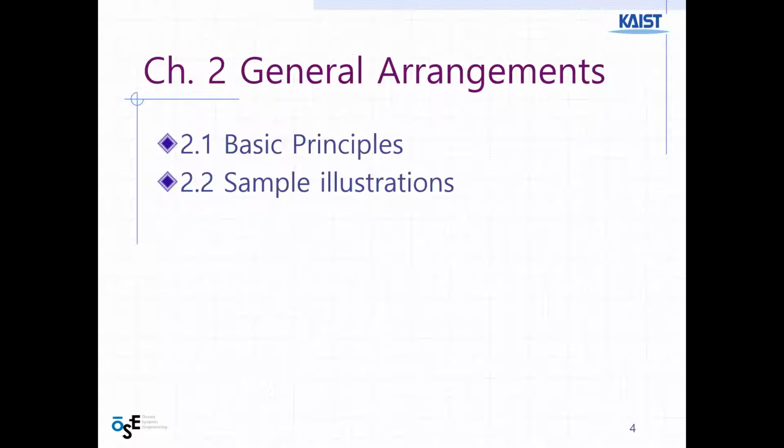But also there is a staircase, an elevator, and at the entrance there is a door, and also a lounge and library, and also toilets. So how can you locate those rooms and their functions? That is the same as general arrangement.